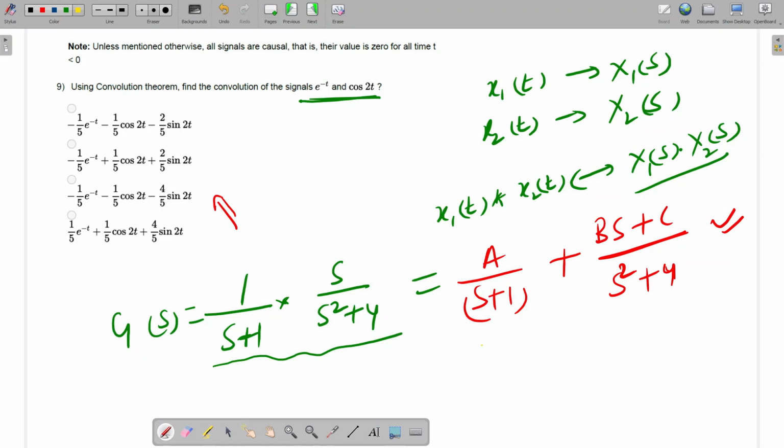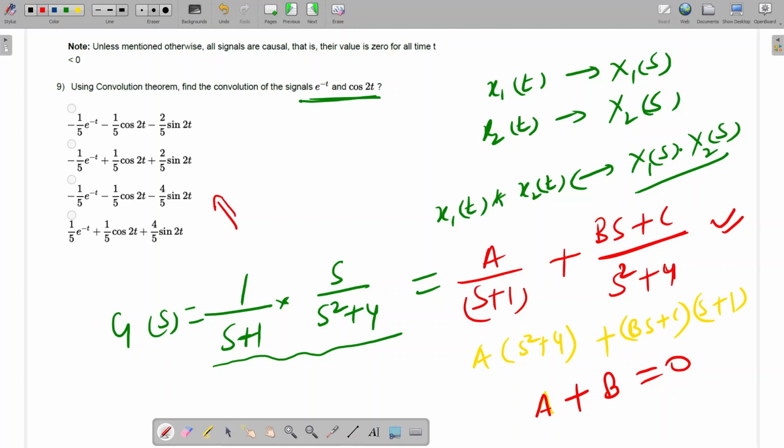We get a times s square plus 4, plus bs plus c times s plus 1. The s square coefficient is a plus b, so a plus b is equal to 0.